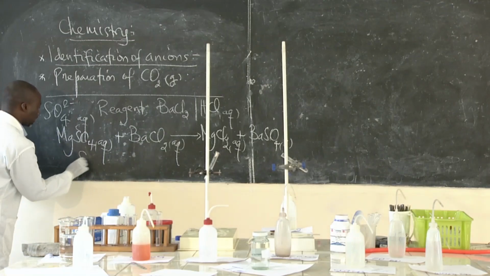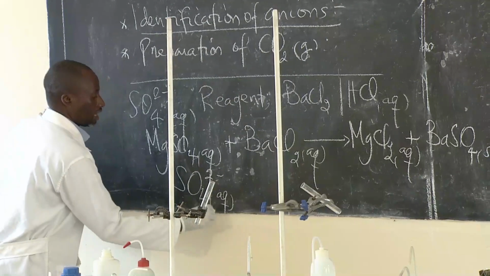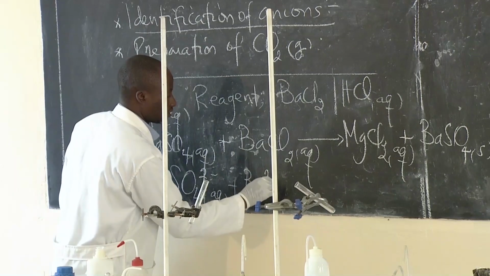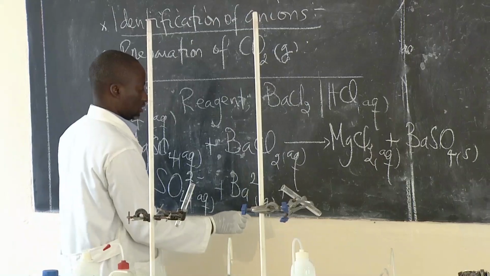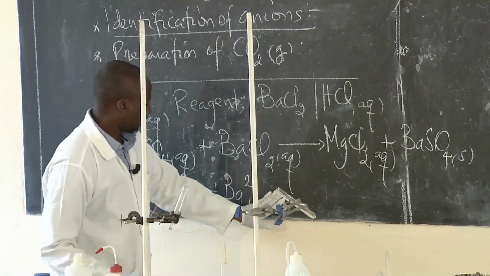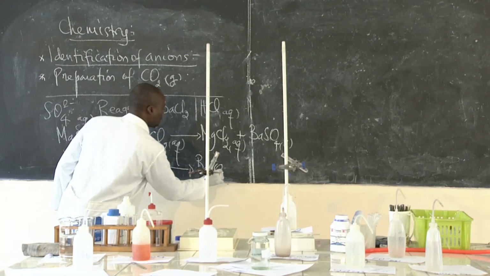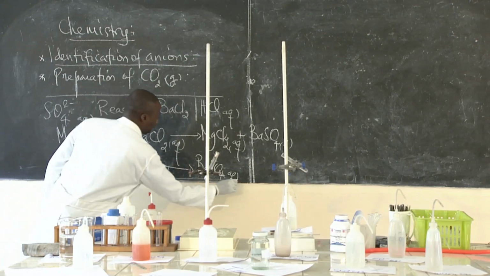So the sulfate ions are reacting with the barium ions. These ones will give the barium sulfate in ionic form. So this is the ionic form.